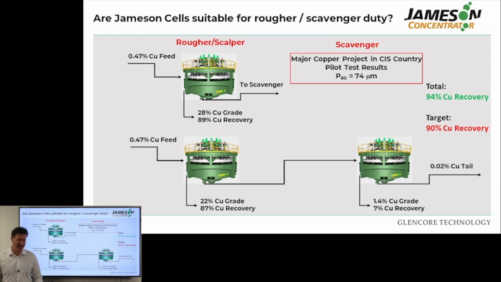In both cases, in the rougher scalper duty, we had almost 90% copper recovery at pretty much final grade concentrate. In the second test, we used a Jameson Cell on the tails of the rougher scalper unit.